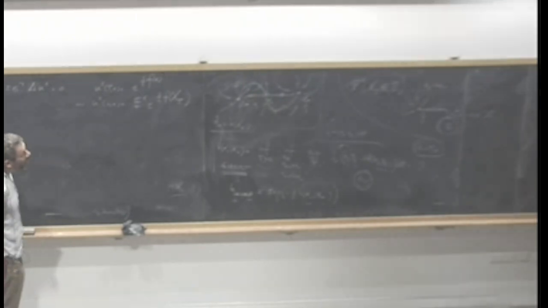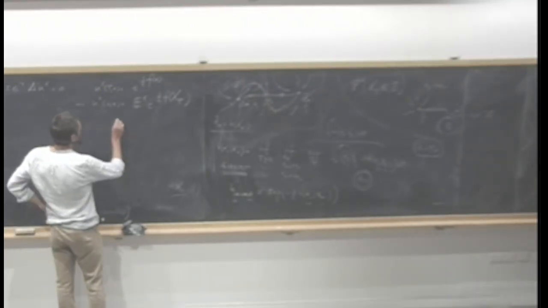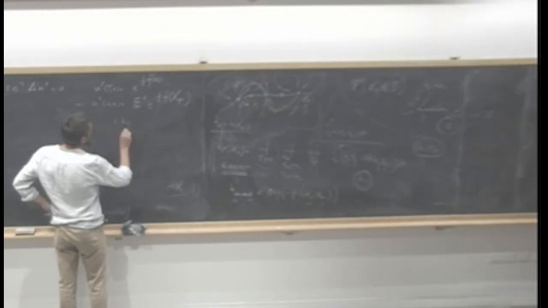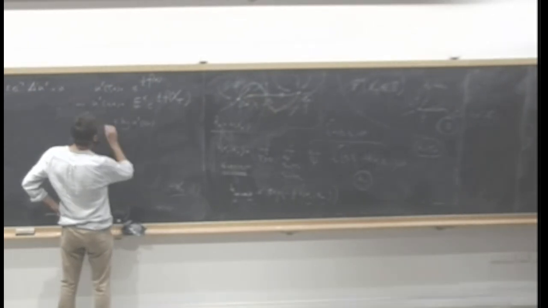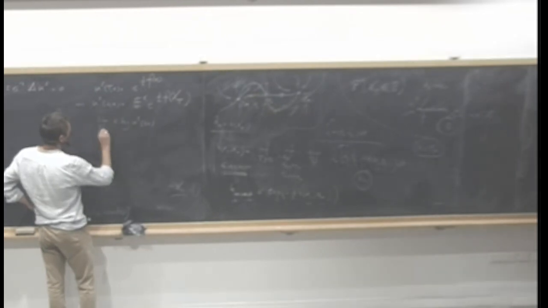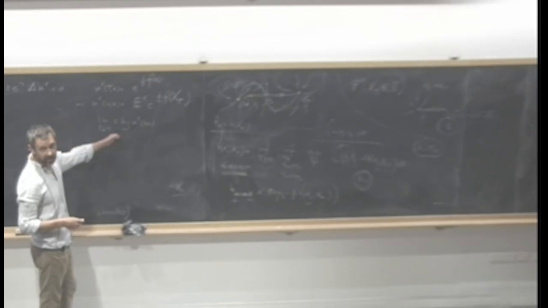Right? All right. Now, the statement that we made before is that we know, or we suspect, that this limit exists. Because that's the large deviation statement that we made.